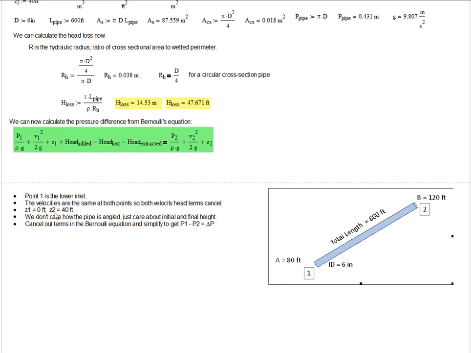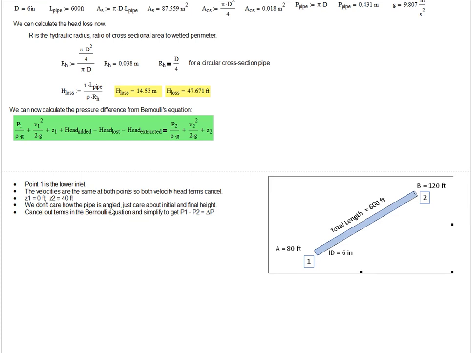Make sure you keep that straight. It turns out we don't need to know how the pipe is angled. We don't need to know if it is a 45, 60, or 30 degree angle, or the total length over the 40 feet. We just need to know the final height. And so the head added, head extracted, and velocity terms cancel out, and Z1 is equal to 0.